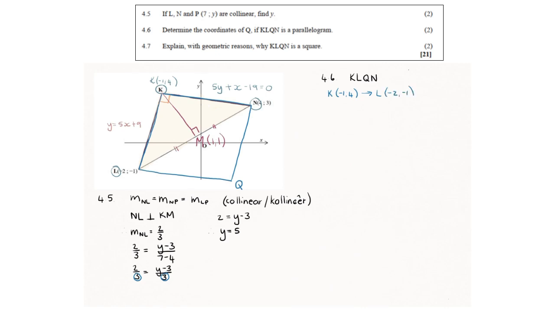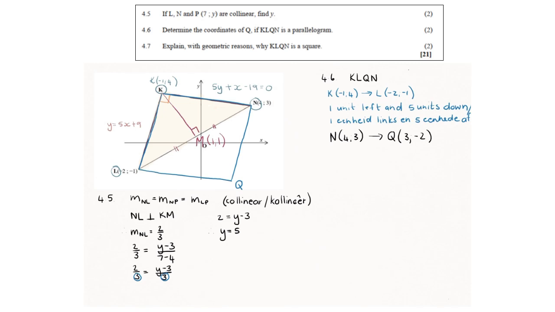So to go from the point K to L, you move 1 unit to the left and 5 units downwards. And then to determine the coordinates of Q, we do the same. From N, you move 1 unit to the left and 5 units downwards. So if we take 4 and we subtract 1, it gives us that the x-coordinate of Q will be 3.